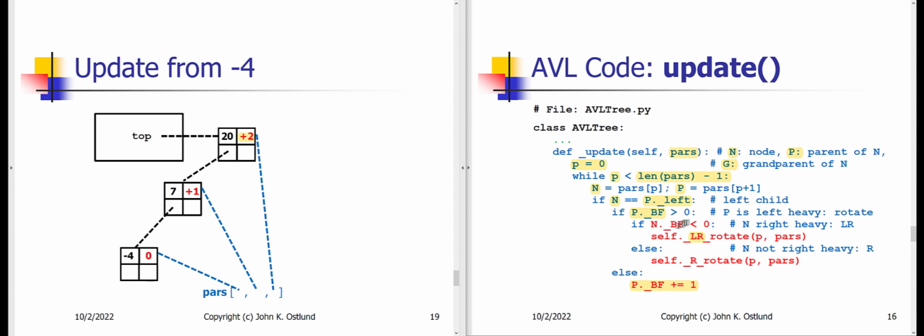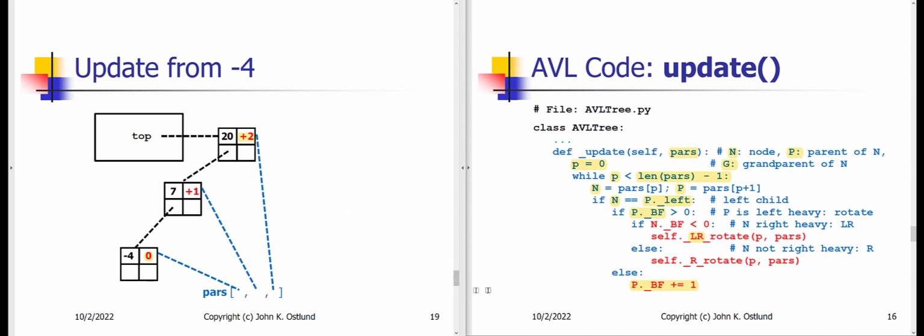Now, if the bottommost of the three nodes has a balance factor less than 0, meaning that it's right heavy, we're going to have to do a left and right rotation, a pair of left and right rotations. But that's not our case here, because n's balance factor is just 0. And consequently, we're just going to call a right rotation.